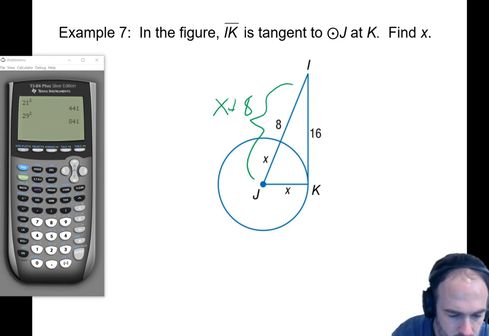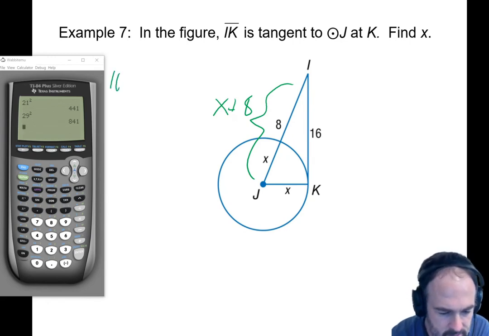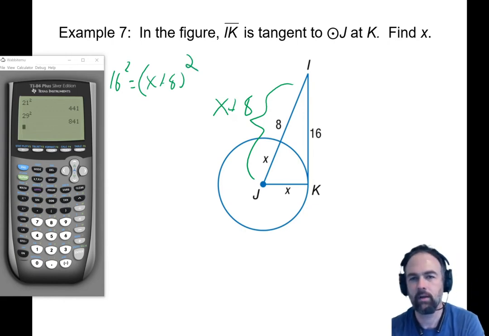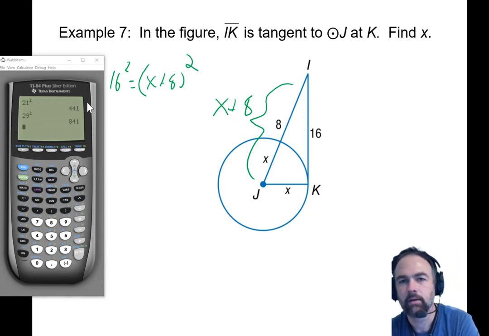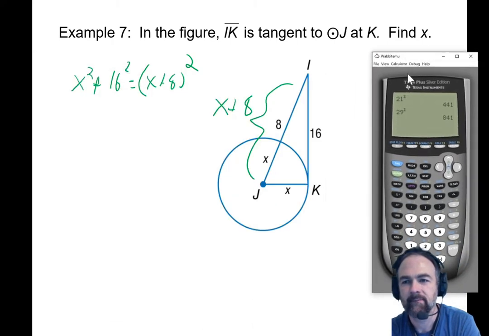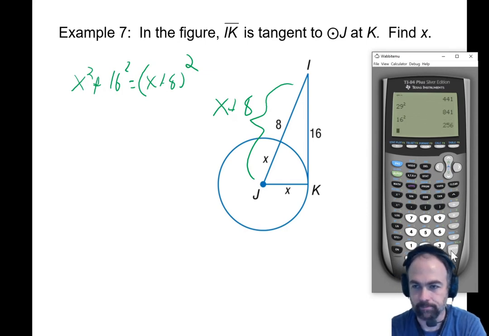X squared plus 16 squared equals X plus 8 squared. Sorry, calculator, you are in the way. All right, let's go ahead and run 16 squared.